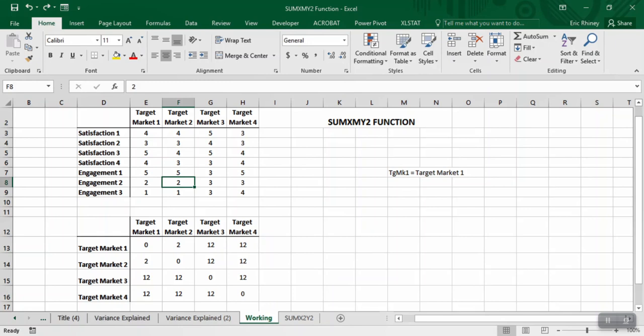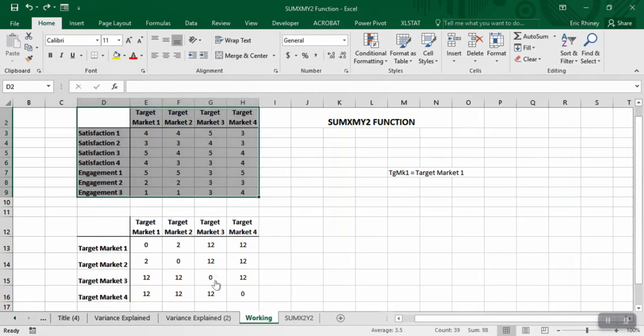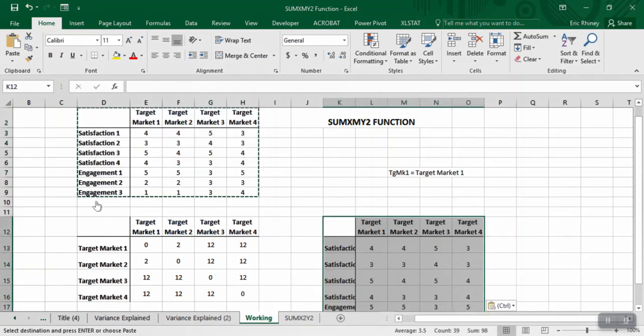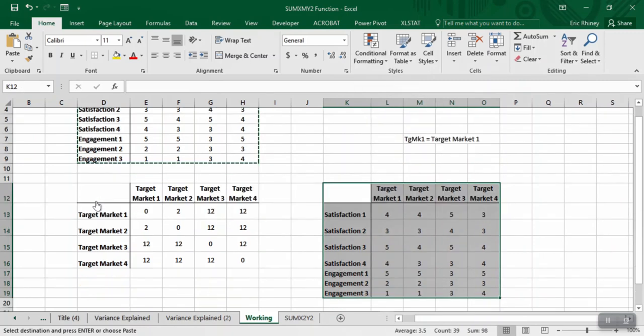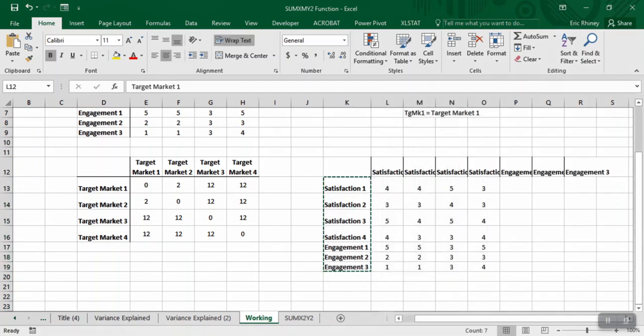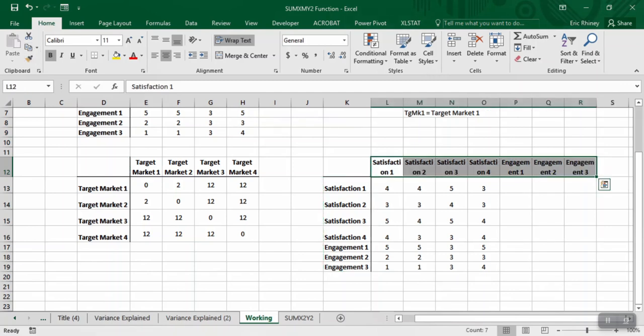And again, we could do this, instead of doing target markets, we could do satisfaction. And we would just set up a similar array, except we would do it on the horizontal variables instead of the vertical variables. So here, what I would do is simply just copy these across and then do something like this where we do a paintbrush this way.